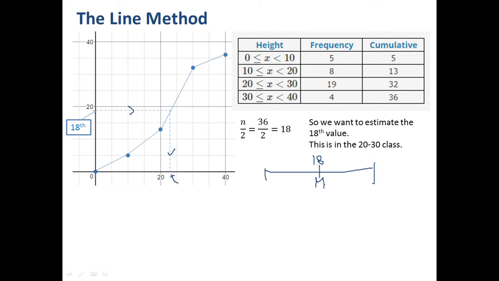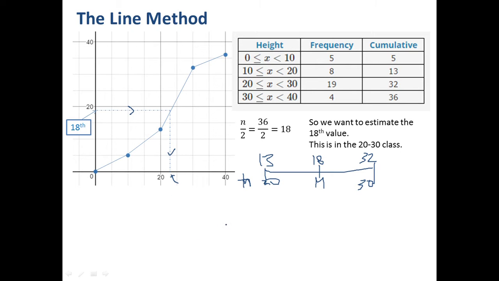So the median is one of the data values. So this is actually data, as in this case it's heights, and it's between 20 and 30. So we put 20 there and 30 there. The 18 is your cumulative frequencies, and that cumulative frequency is between 13 and the 32.